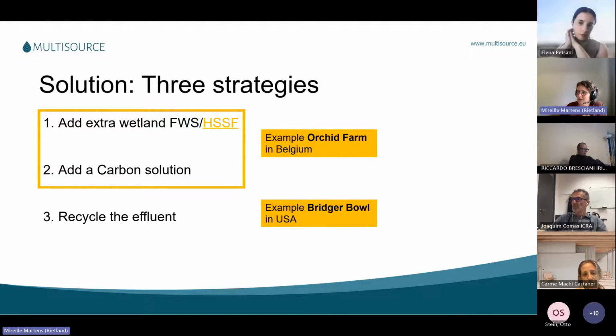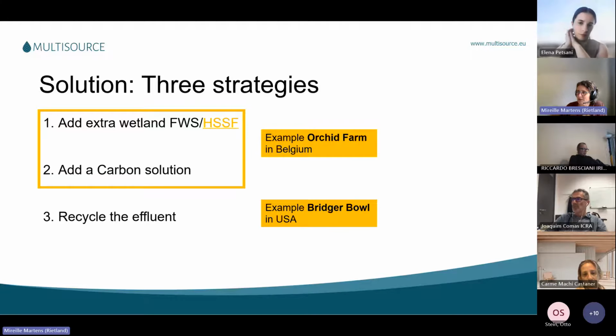So example number 3, the Orchid farm. This is the data we have received from the Orchid farm. So they have again a COD-TN ratio. But if we look at the ratio, it's the other way around. There is much more total nitrogen than there is COD present.